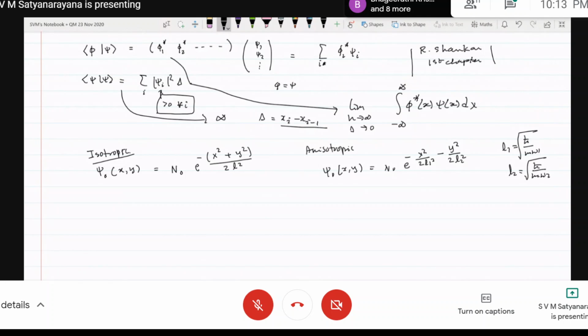And you can write down the wave function. This I should write as psi 0,0 of x comma y.